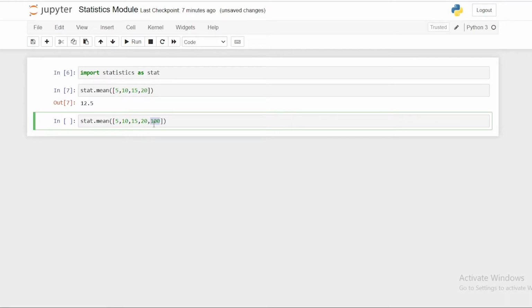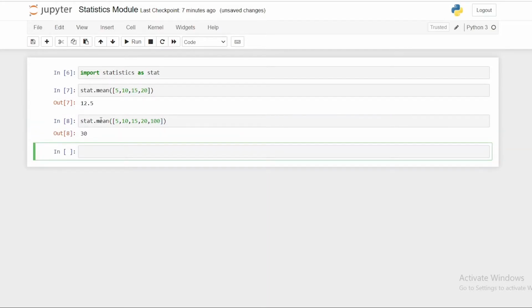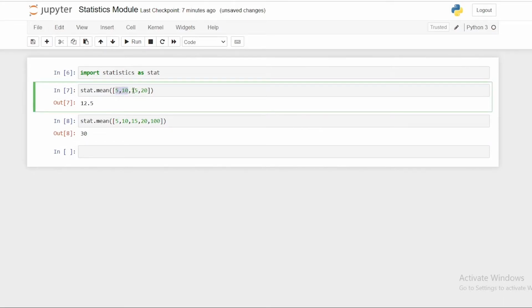So 100 is totally an outlier which is out of the pattern. If we find the mean of this number series, we get a mean of 30, which is not representative. 12.5 exactly lies between 5, 10 and 15, 20, but here 30 is totally off from the exact mean.